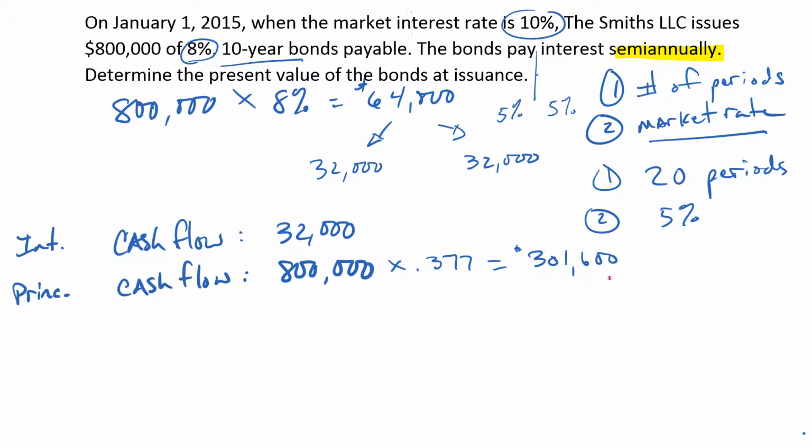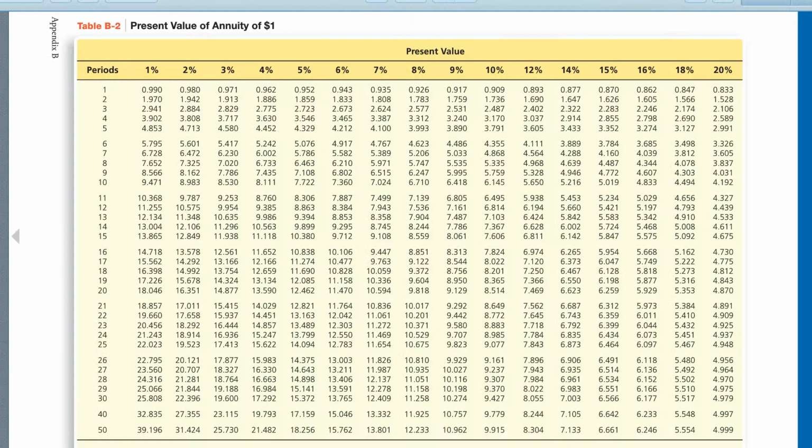Alright, so let's go look at the cash flows for the interest payment. In this case, I'm using the present value table of an annuity. So an annuity means regular payments. And again, I use the same rationale as before. So it's 5% for 20 periods, and that gives me 12.462.